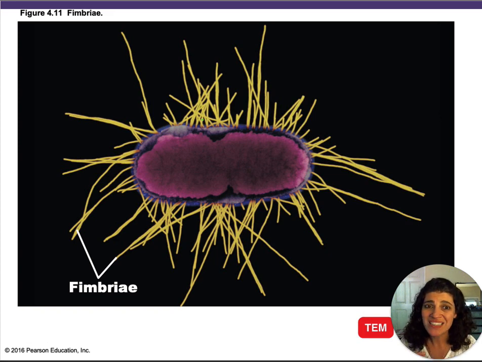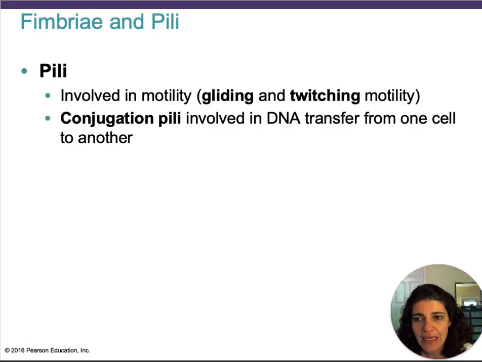So the more sticky they are, which is a feature that fimbriae give, the more pathogenic they are, okay? Because they're going to be able to stick to that host and not leave that host for a longer time. Pili, like I told you, are involved in motility, in gliding and twitching, but also in conjugation, where you have DNA being transferred from one bacterium to the other.